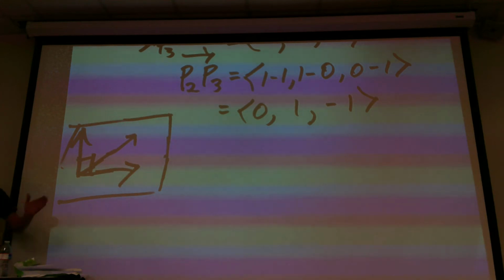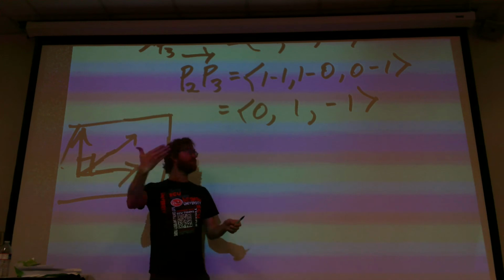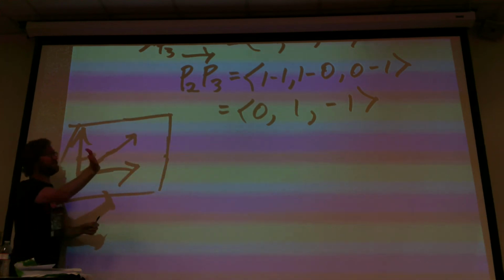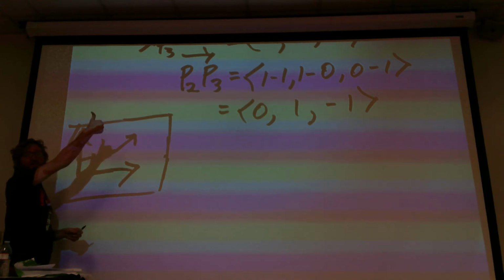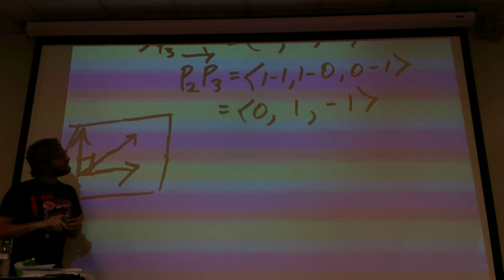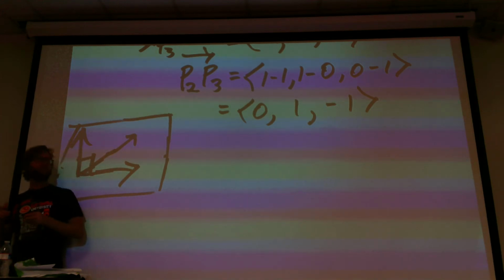In my notes, I did P1 cross P2, that's my left hand. The right hand rule says that if I do P2, P3 cross P1, P2, this is kind of arbitrary, that's going to make one that sticks up like right there. Okay? So let's do P2, P3 cross P2, P1.